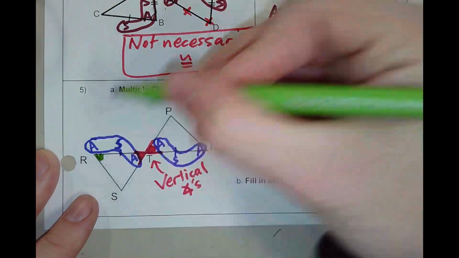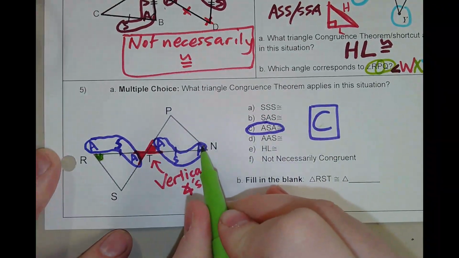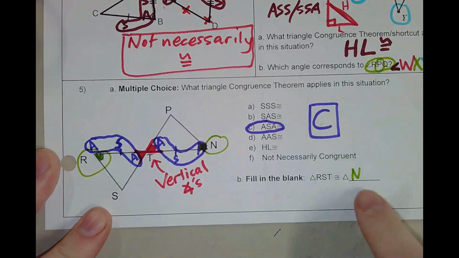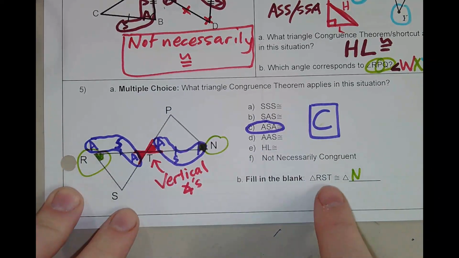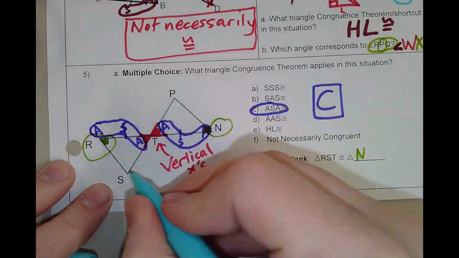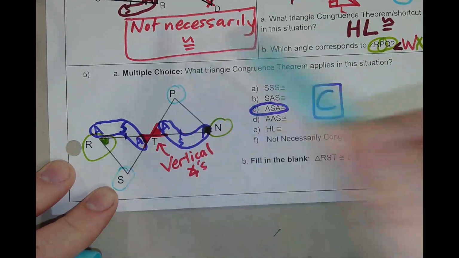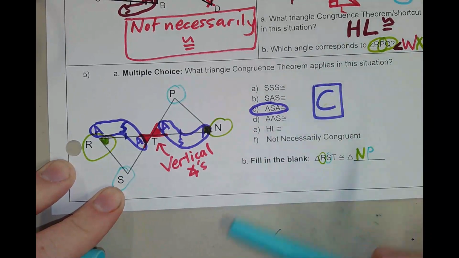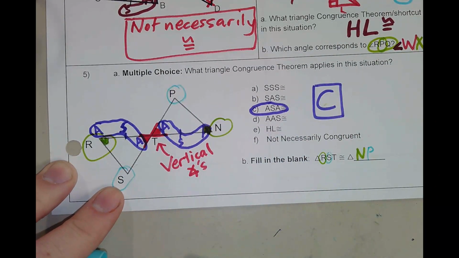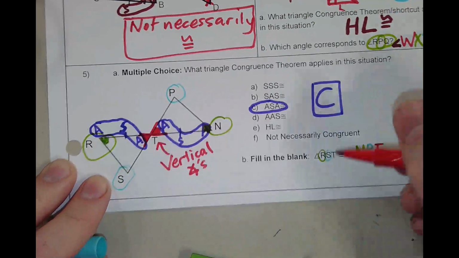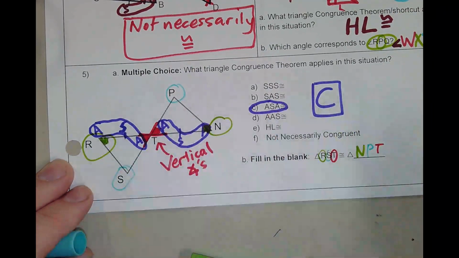Angle R matched up with angle N. So the first letter has to be N. Angle S has no tick marks, so it's going to match up with angle P. And finally, the last letter is the vertical angles, so it's going to be angle T, which matches, of course, with itself, angle T.